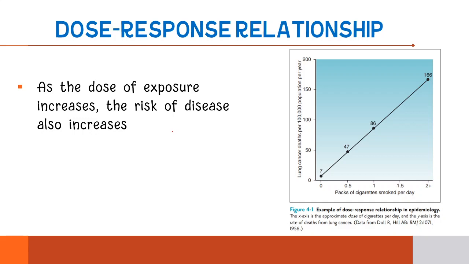The more na daghan ka og packs of cigarette na gina-smoke per day, the more ang chances of getting lung cancer. Siyempre, kung ikaw, wala gyud, then, most probably, di mo po ka magkalang cancer. So, that is what dose-response relationship means.